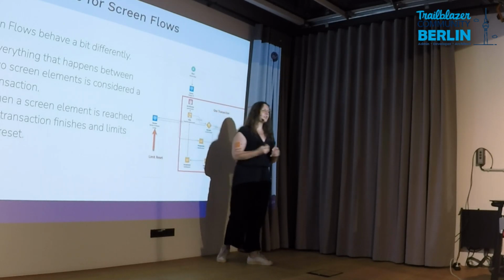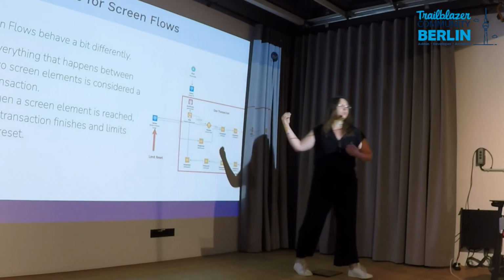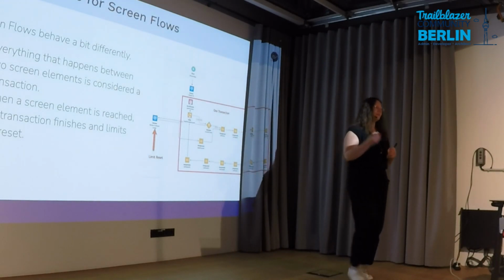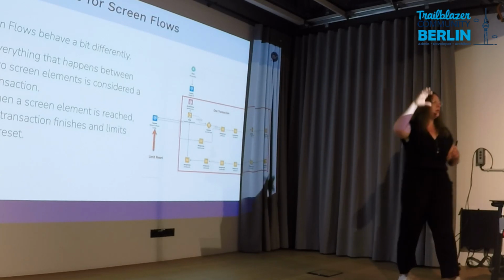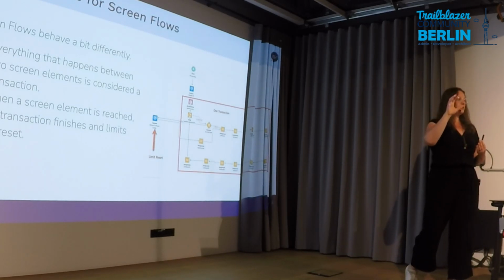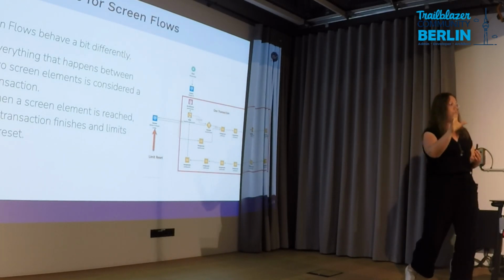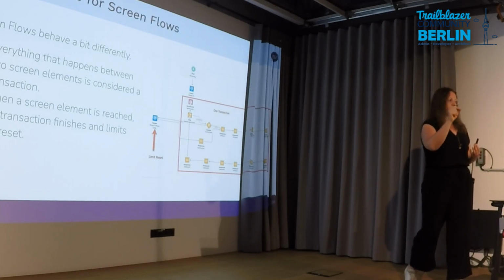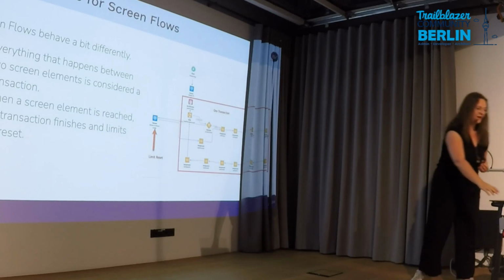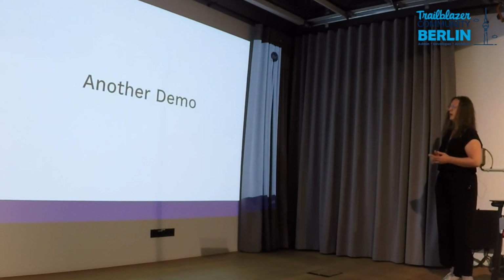This is something that's interesting to know, because you can actually use it to avoid hitting limits in screen flows. You can put a screen element in between that will sort of pause for a second. A user maybe has to confirm something, and then it will keep on going. So I have a little demo on this, and then we're going to sum this up.